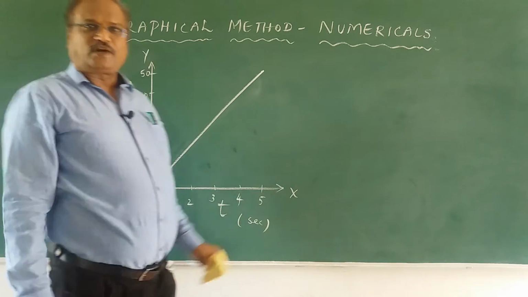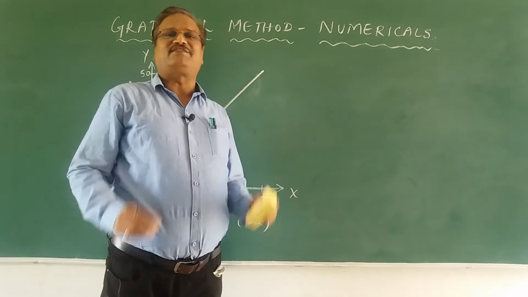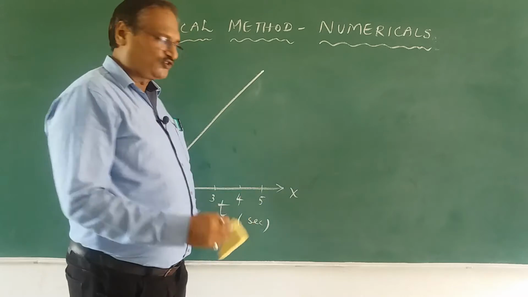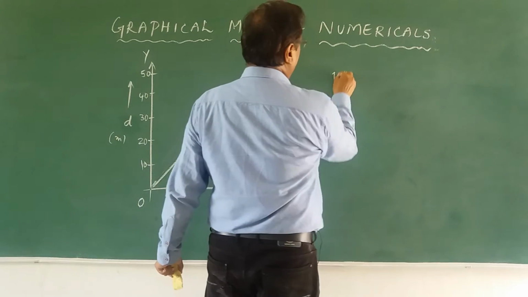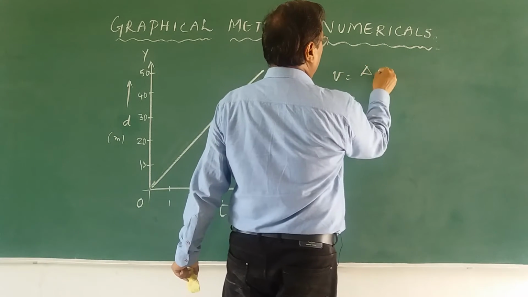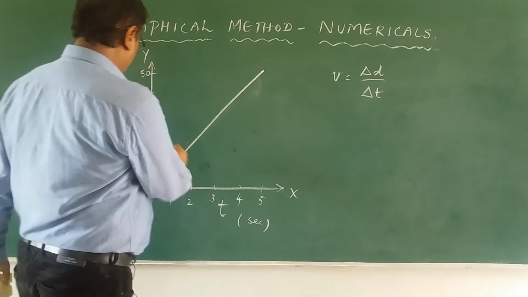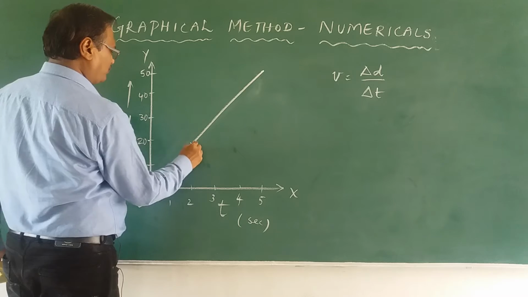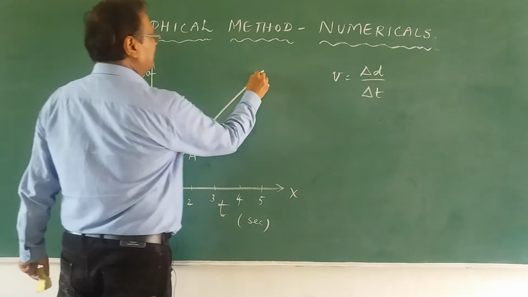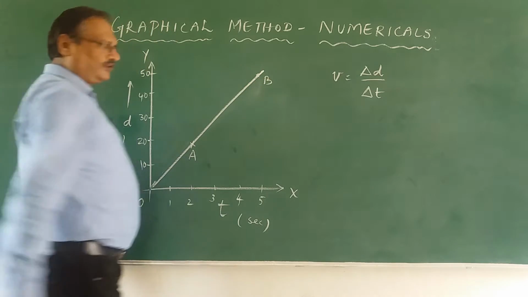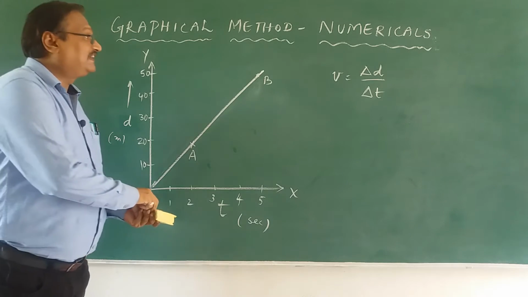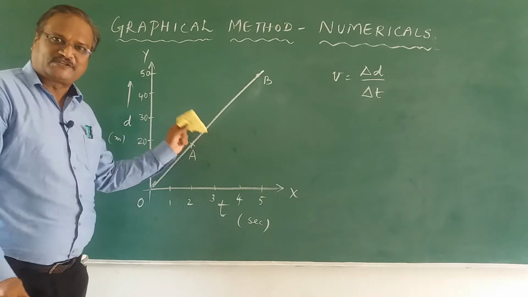Now what can we do from this graph? We can find the velocity or speed. What is velocity? Change in displacement upon change in time. Let us take any 2 points. Let me take this as point A and the highest point as B. I want to find out the velocity from this graph.